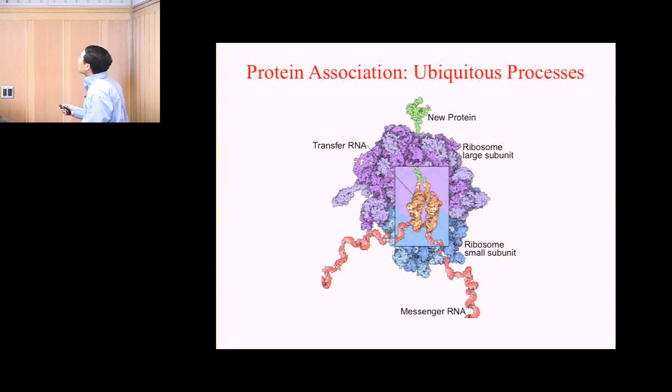We know that the synthesis of new proteins occurs on the ribosome, involving the large and small subunits of the ribosome, the transfer RNA, as well as the messenger RNA, leading to the release of the new protein.